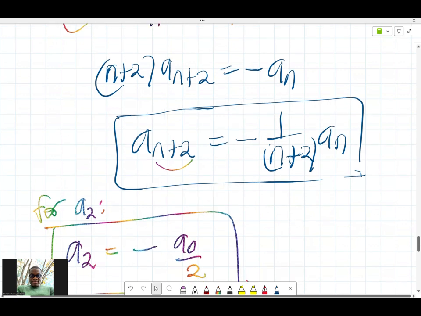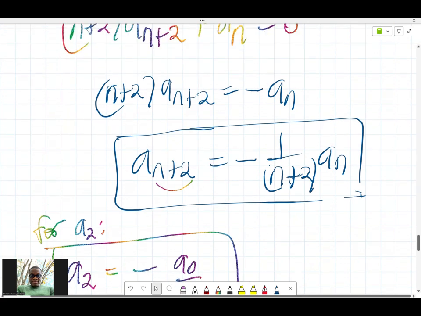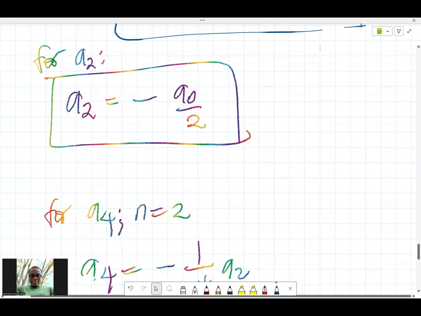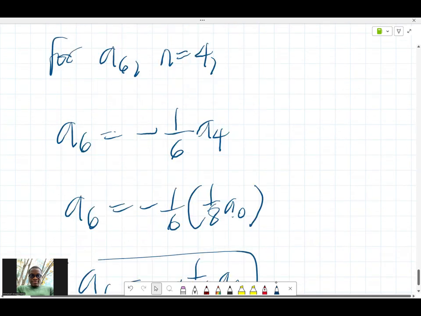If n is 1, I think we can get a1 somehow. Okay. So what if you're interested in a1? If n is 1, this is what works for 1, right? So, okay, let me just go for that.